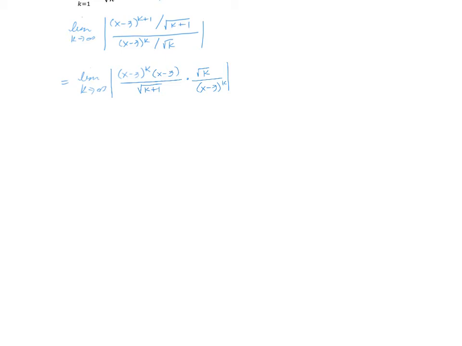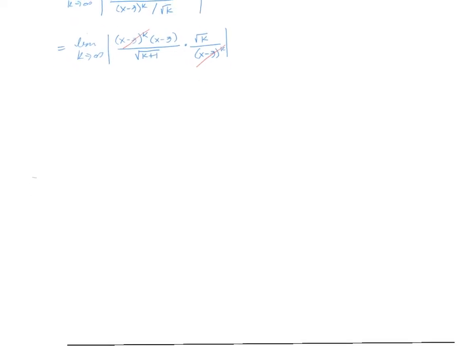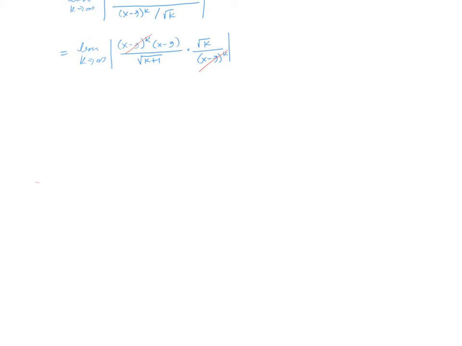I can see that the x minus 3 to the k's would cancel. And notice I still need the absolute values around the x minus 3 because I don't know if that's going to be negative or positive.